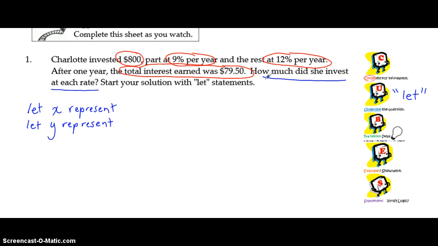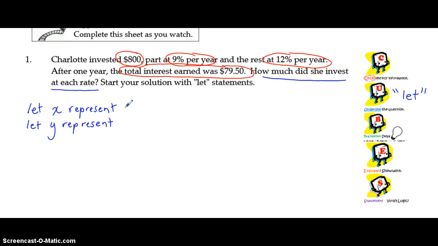So the question is, how much did she invest at each rate? Whatever the question is, that's what your let statements are going to be. How much did she invest at each rate? So she invested some at 9%, she invested some at 12%.